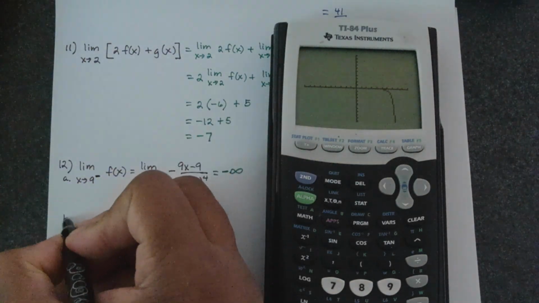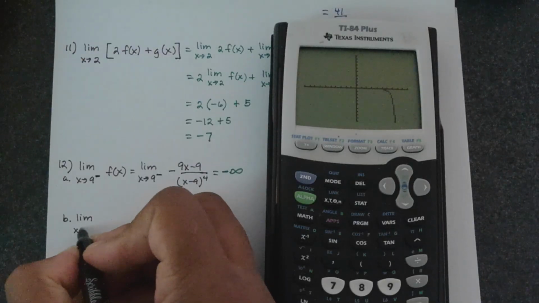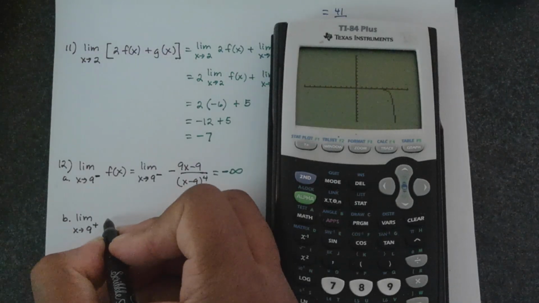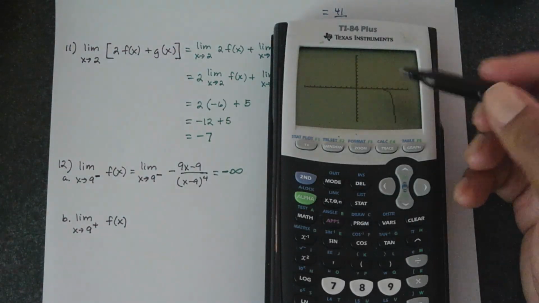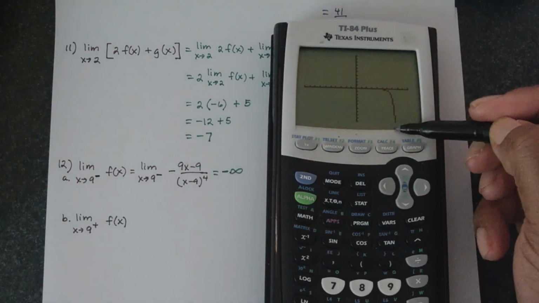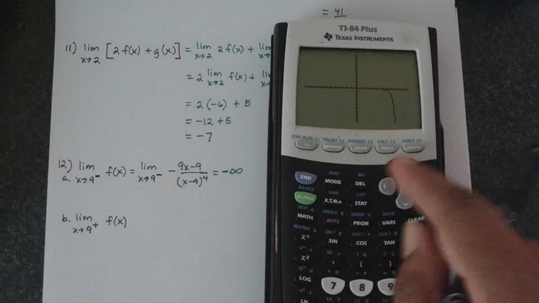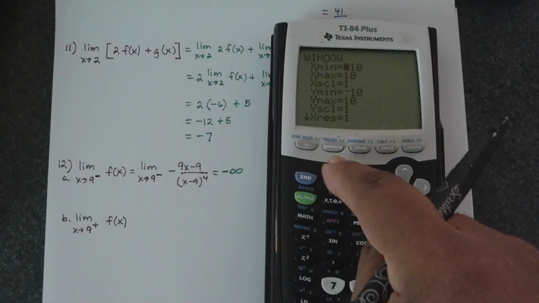Yeah. Now part B is the limit as x approaches 9 from the right. So the negative is left and the positive is right on the plus and minus thing. Yeah. Okay, that's a compliment. Now let's see here. I'm going to do window here.